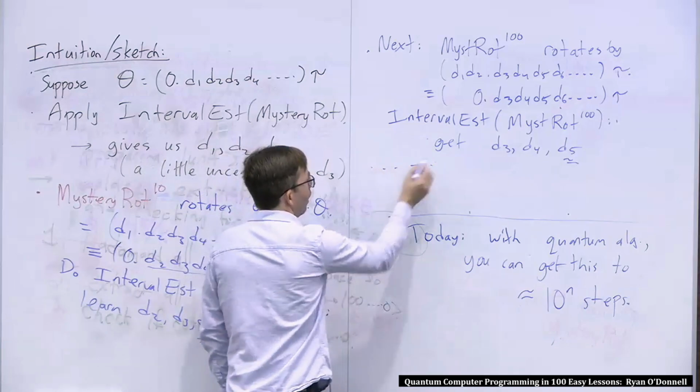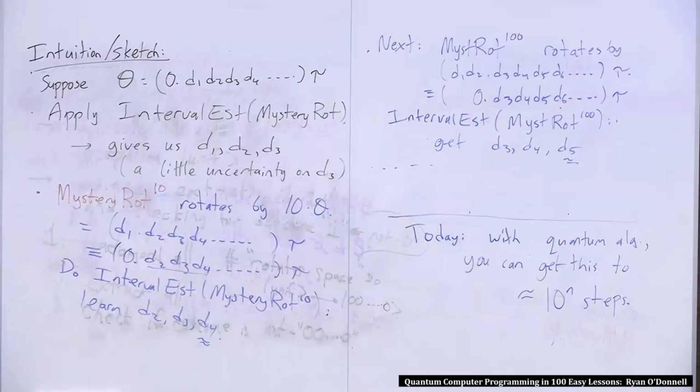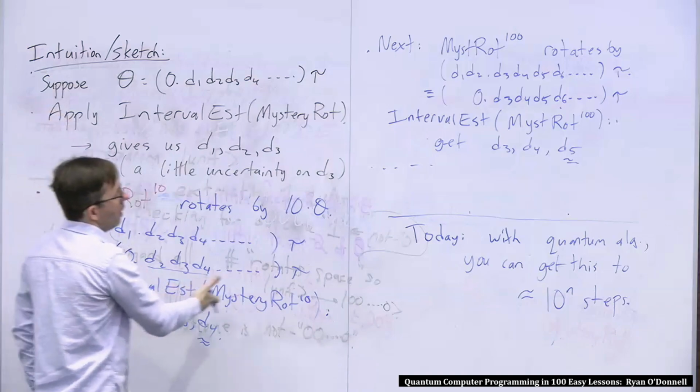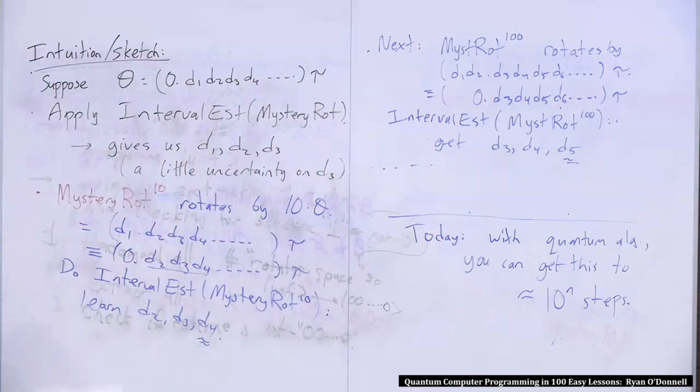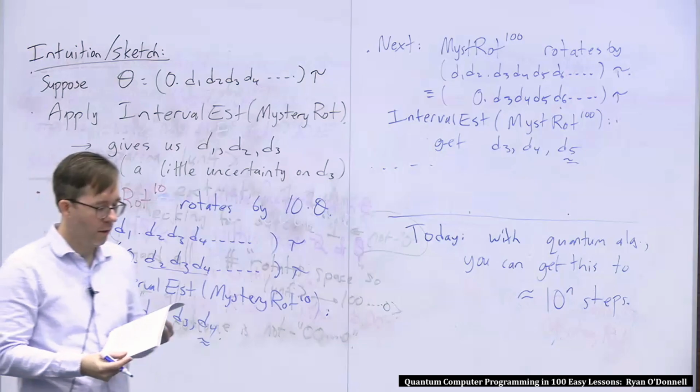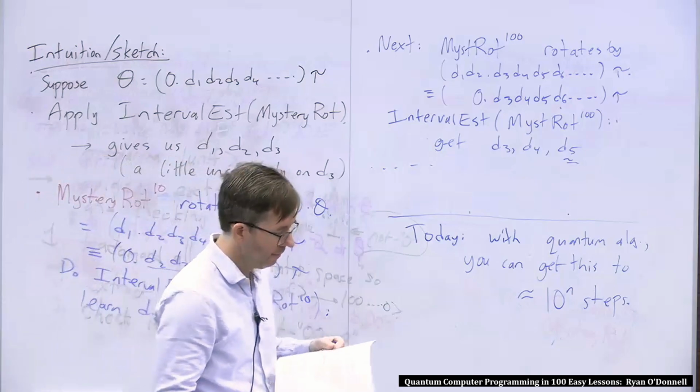And we repeat. And every time we do this, we get another digit of accuracy. So if we want 1,000 digits of accuracy, we'll just do this idea 1,000 times. Now, there's some issue with that, of course.